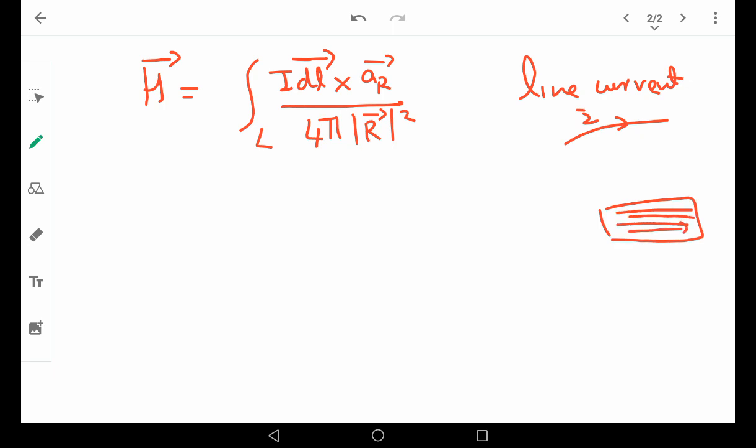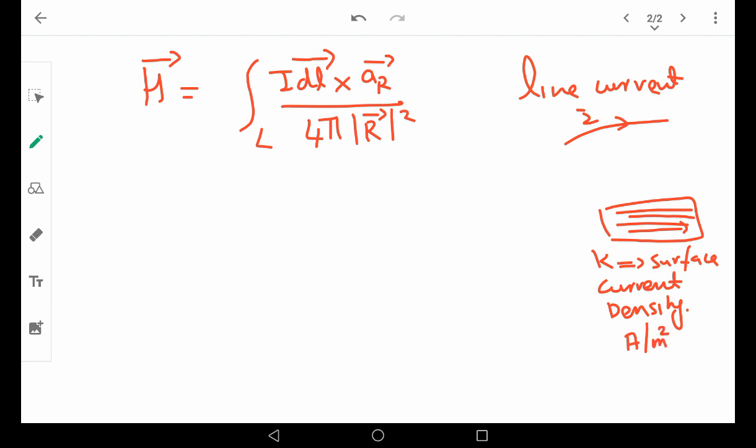You will represent the current in that surface by the surface current density K, and the unit of the surface current density is amperes per meter.